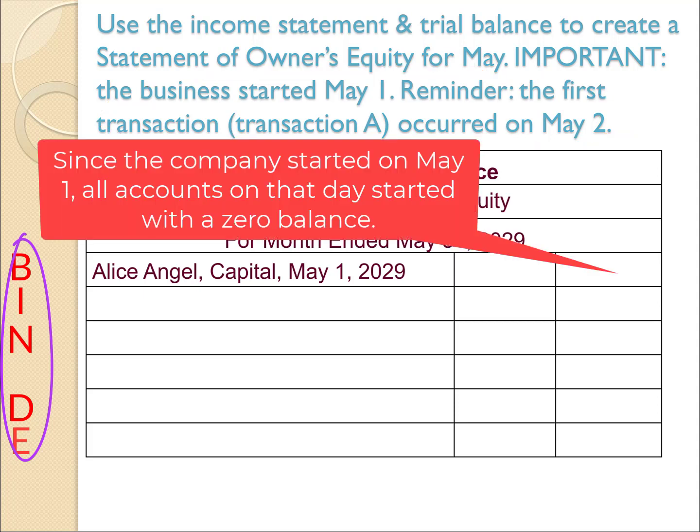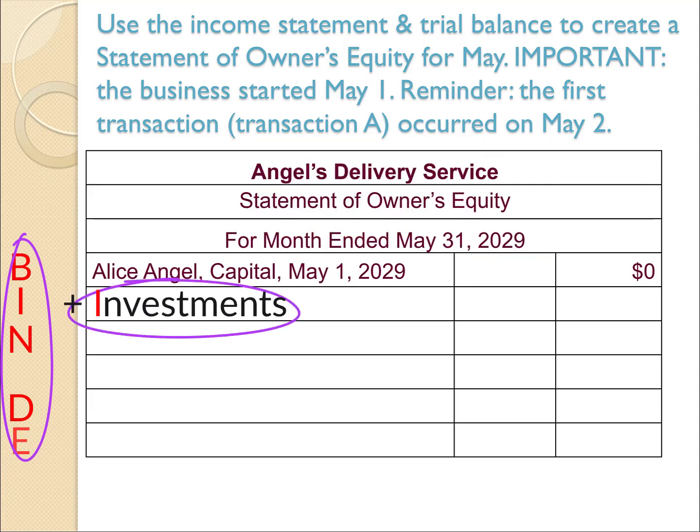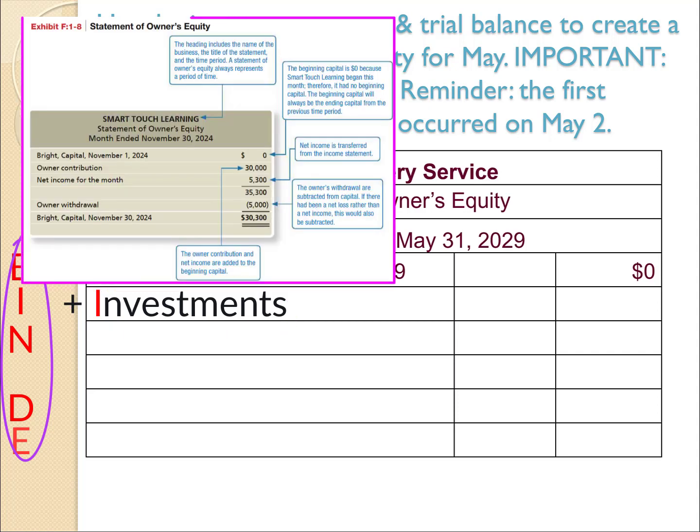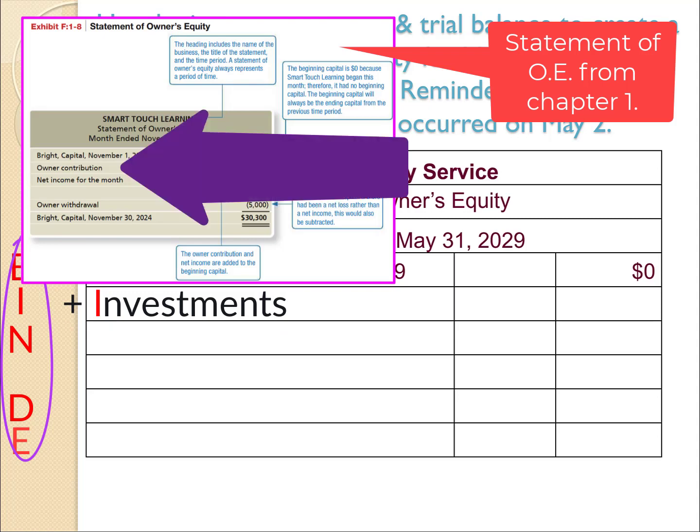It was 0, because that's when the company started. So the second line in our formula, B-I-N-D-E, the I stands for investments, also called owner contributions. So we'll follow the textbook's formatting and call it owner contribution. If you say owner investment, that's fine, means the same thing.